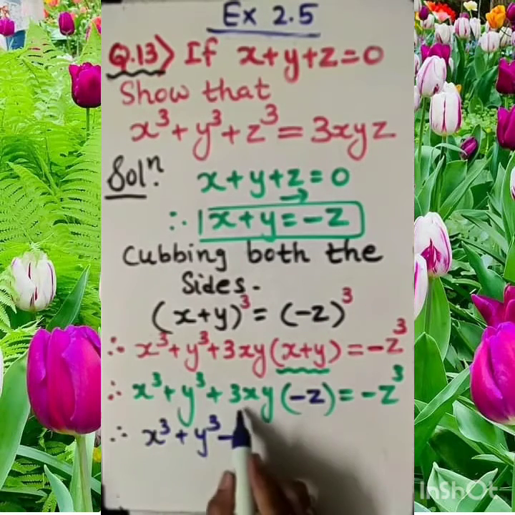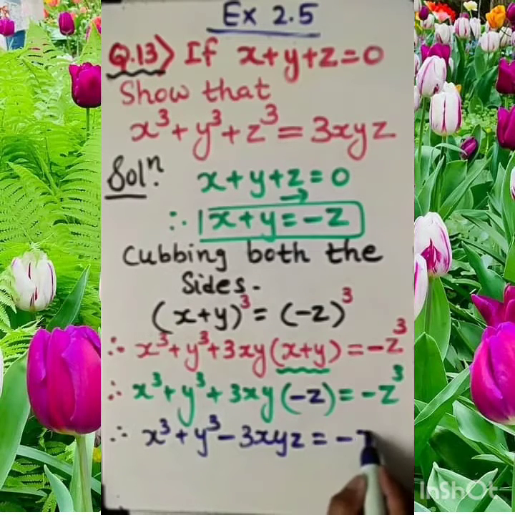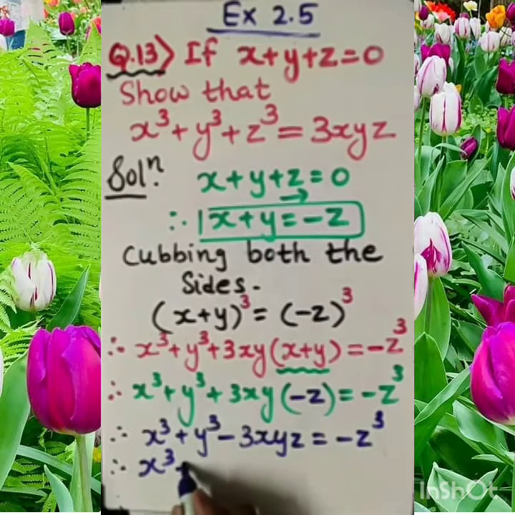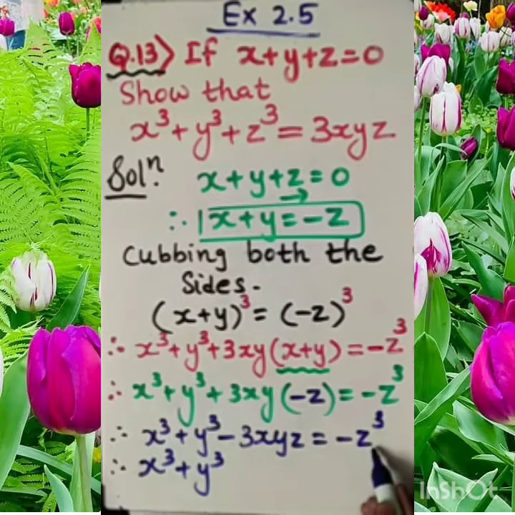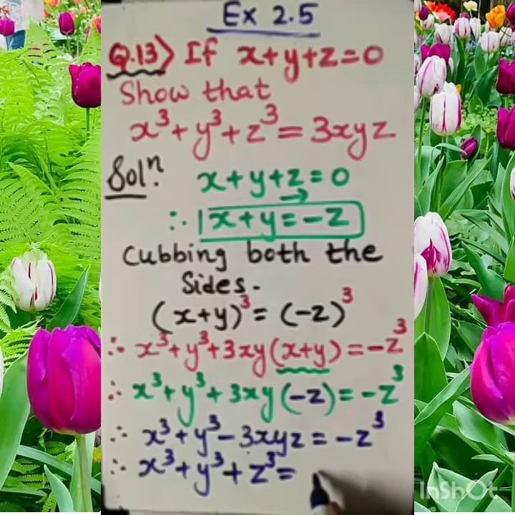So multiplying all these three terms I will have here minus 3xyz. This is minus z cube. Now I am going to take this minus z cube to this side, so it will become plus, and this minus 3xyz I am bringing to the right side, so it will become 3xyz, which is the required result.